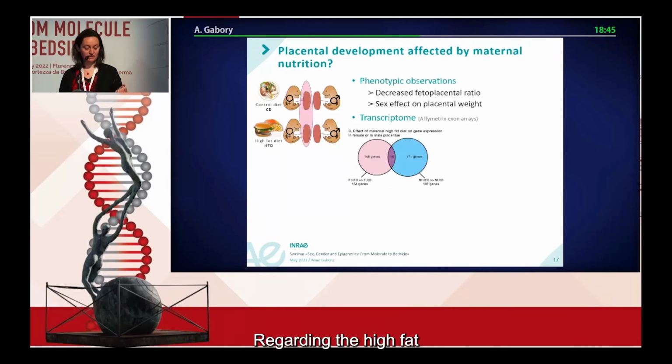Regarding the high-fat diet effect, we noticed that 164 genes were differentially expressed in female and 187 genes in male. And again, interestingly, the gene sets are not the same. There are only 16 genes that are always differentially expressed in male and female according to maternal high-fat diet.